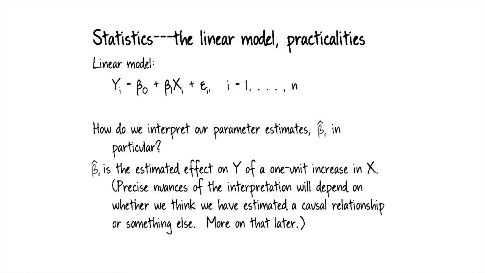The precise nuances of the interpretation depend a little bit on whether we think we've estimated a causal relationship or something else, so the language you might use could be a little different, but this is the basic idea. This is how we interpret what beta 1 hat means.